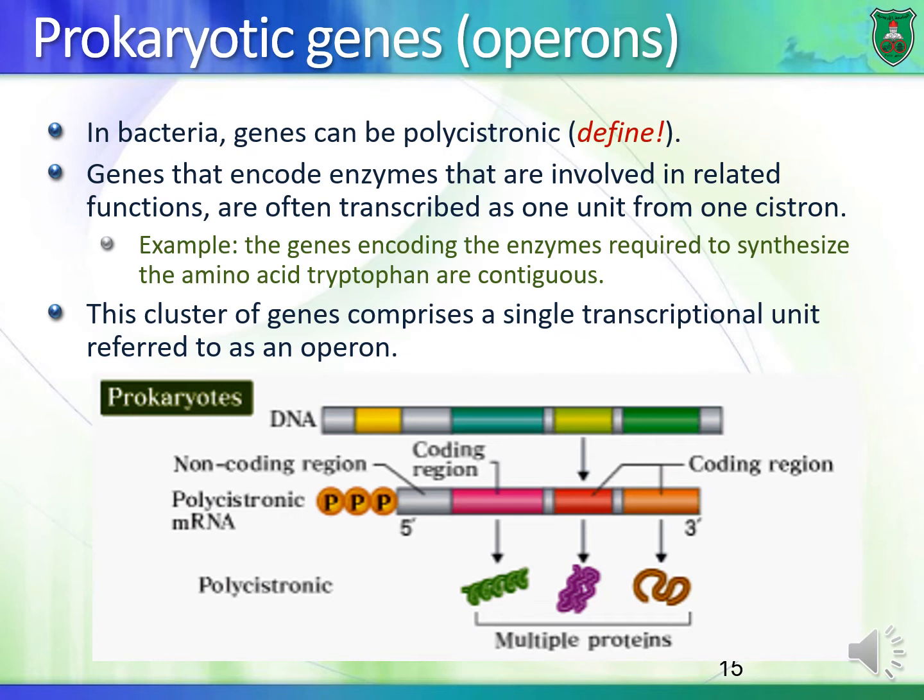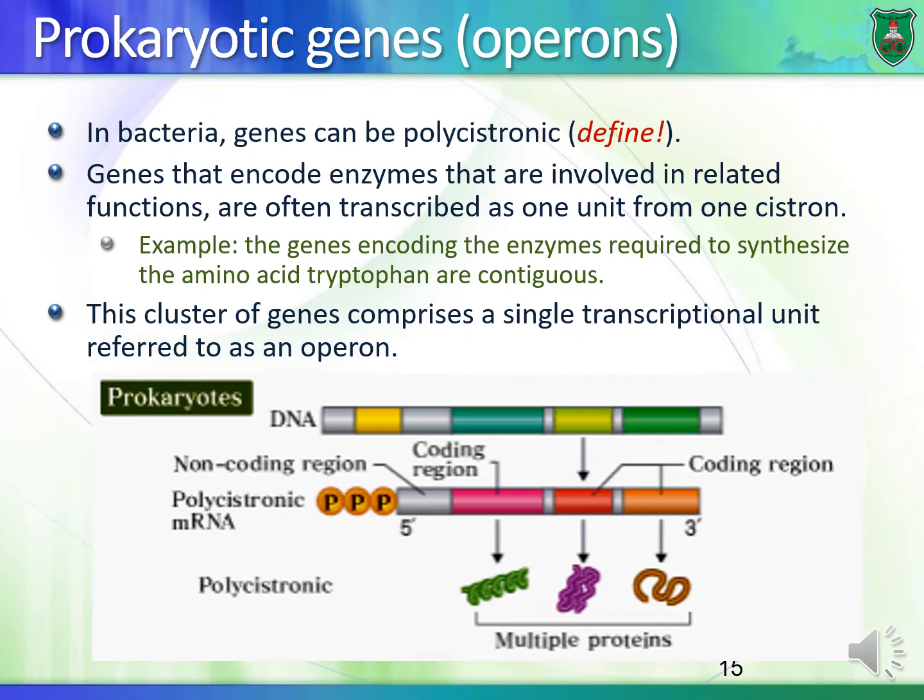Okay, so an example is the lac operon. Another example is the trp operon. Trp stands for tryptophan. So the idea here is all genes needed for the metabolism of lactose are produced from the same operon. All genes that are necessary for the synthesis of tryptophan are produced from the same operon as well.